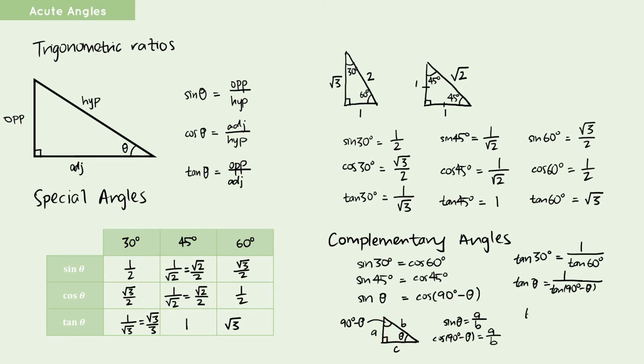Tangent theta is A over C, and tangent of 90 degrees minus theta is C over A. So that's the proof for tangent theta equals 1 over tangent of 90 minus theta.